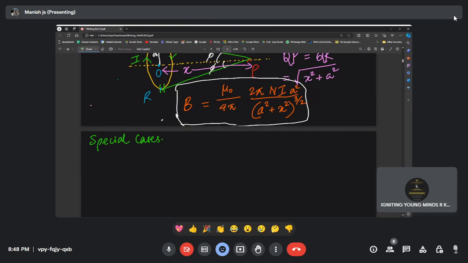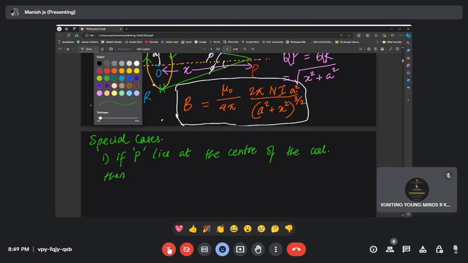If the point is at the center of the coil, the previous formula would apply, right? At the center of the coil, what is the magnetic field? The same previous value you will write.